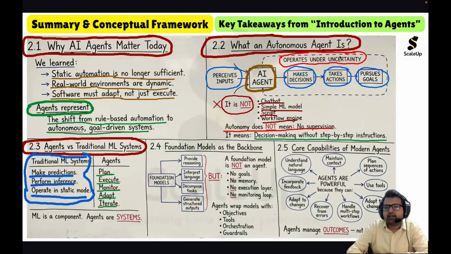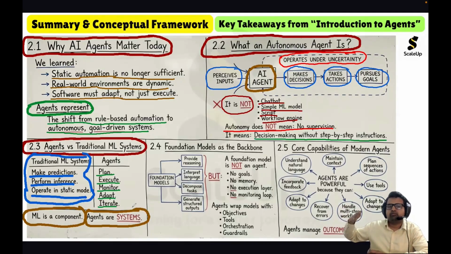So we can say one very important insight: machine learning is a component. It will take an input, it will generate an output. But agents are systems. They will keep on running asynchronously. They'll keep on working until the goal is achieved. So agents are systems and machine learning is a component.